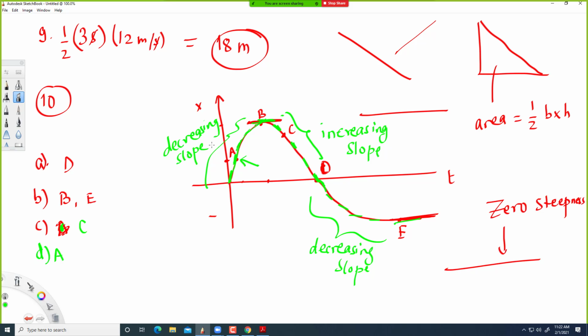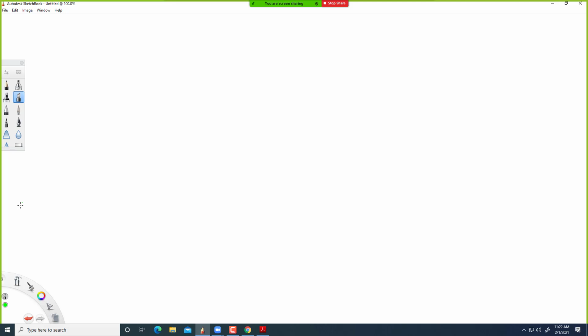Okay. So let's look at number 11. A particle has velocity as it moves from point 1 to point 2. The acceleration is shown. What is its velocity vector as it moves from point 1 to point 2? Okay, so what's your answer?